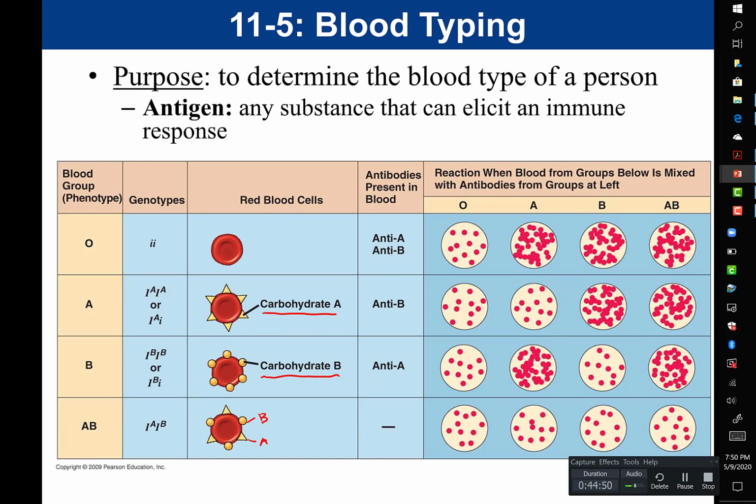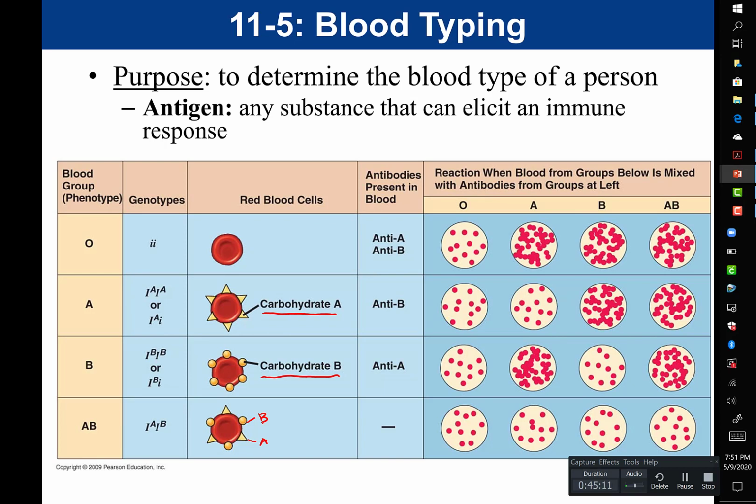Now, if we have somebody that is blood type O, O means that the person does not produce A carbohydrates and the person does not produce B carbohydrates. So you can think of their red blood cells as being naked. They don't make A, they don't make B.